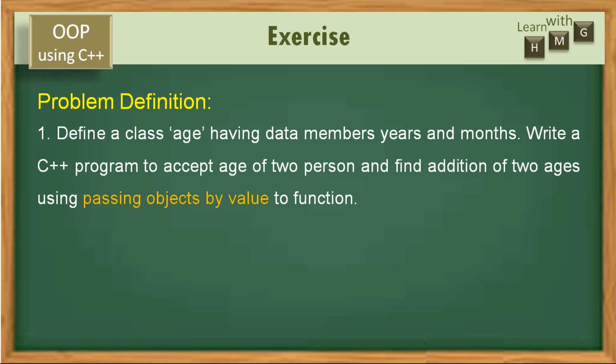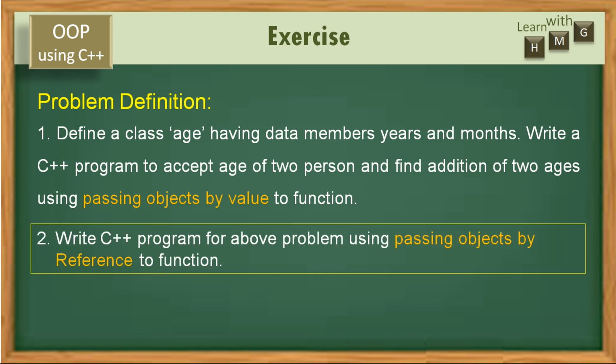Then you have to write the display age function to display the age in terms of years and months, and a third member function will be required, add age, to add the two ages by passing the two objects. Let us say A1 and A2 will be the input objects and A3 object will be the calling object. So A3 is equal to A1 plus A2. Like this you can perform the operation.